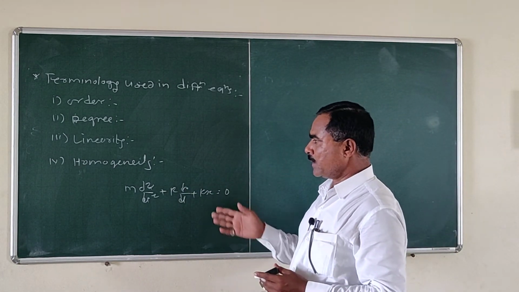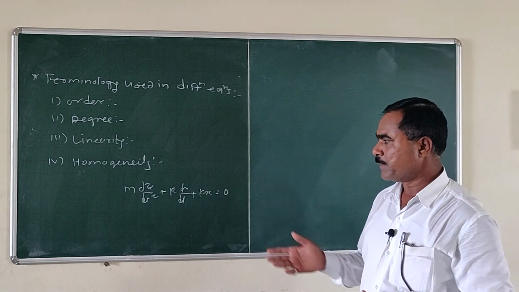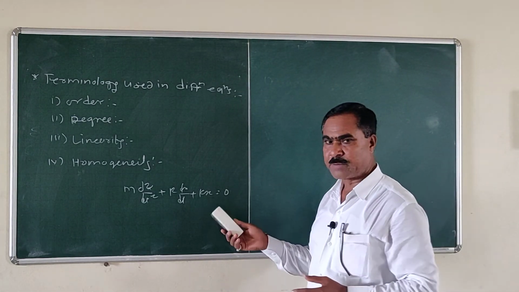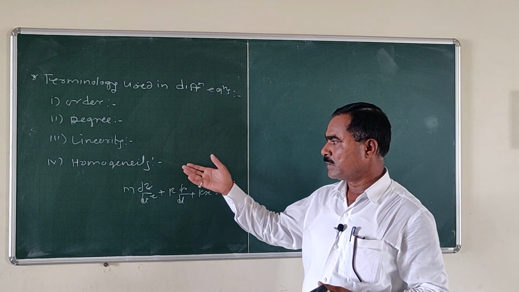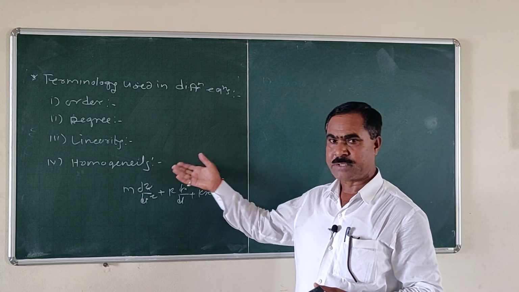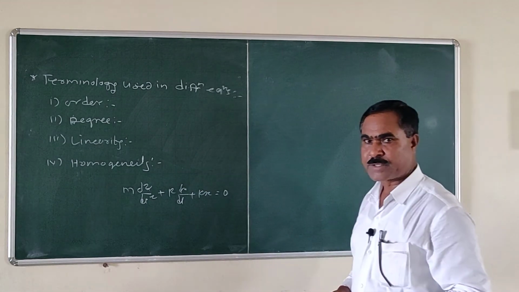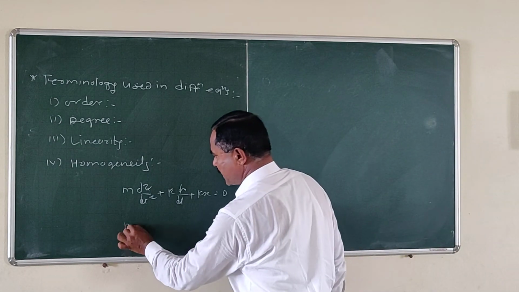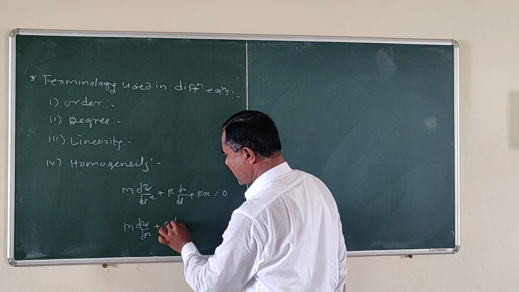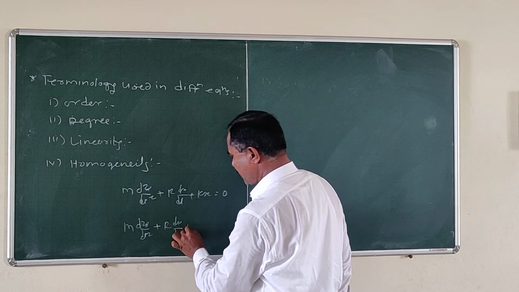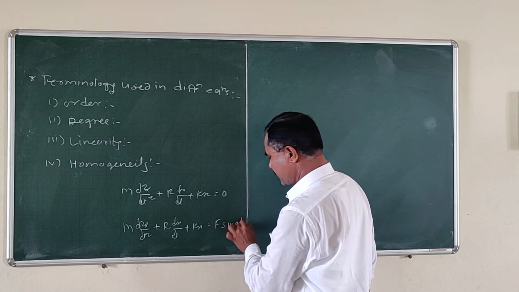Now, when is the differential equation non-homogeneous? We consider the equation of forced oscillation. The equation is m d2x by dt square plus r dx by dt plus kx equal to F sin qt.